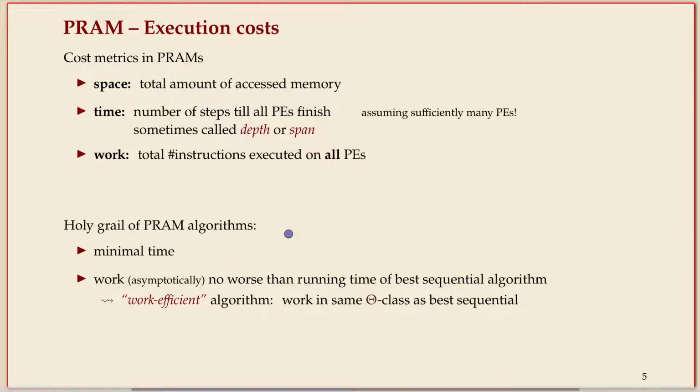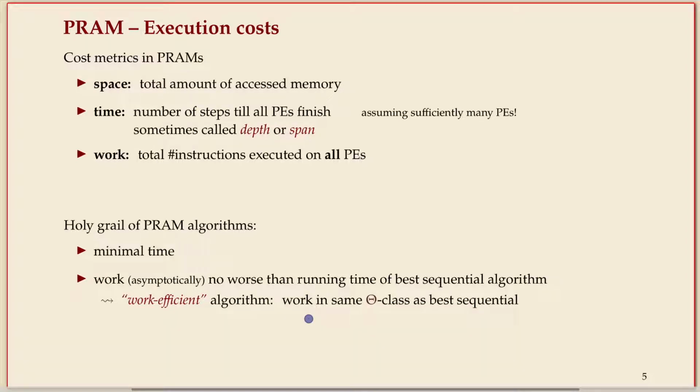What we are aiming for, in theory at least, is minimal time, as always. We like to be fast. But we can't ignore work. So the best possible we can hope for is what people call a work-efficient algorithm. That's an algorithm that's essentially as good as the best sequential method in terms of work. So you take an algorithm that only works sequentially. That gives you a theta class of the running time.